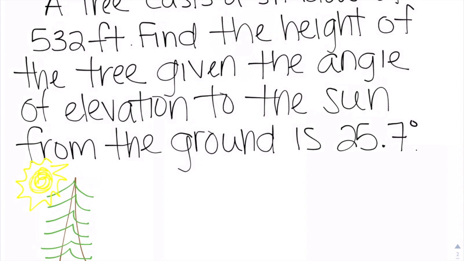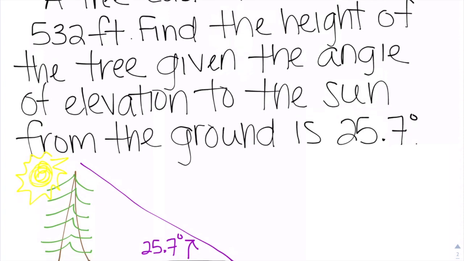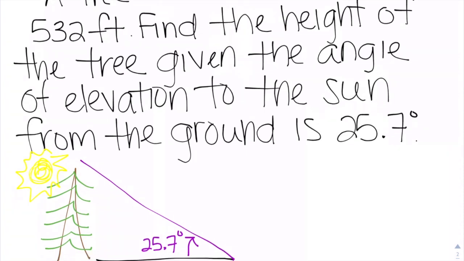And so we're looking for the angle of elevation from the ground to the sun. So that'd be from the ground to the sun is our angle of elevation. And we know that it's 25.7 degrees. It tells us that the tree to the end of the shadow is 532 feet, and we want to find the height of the tree.